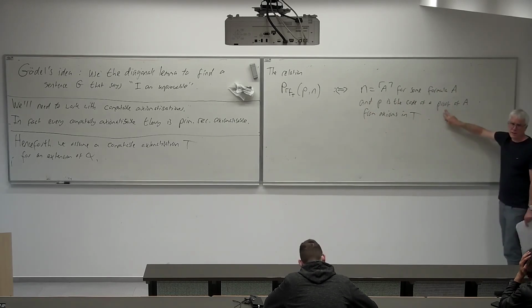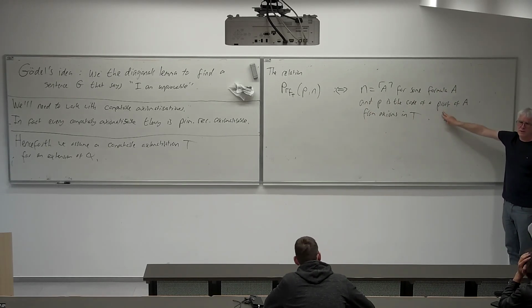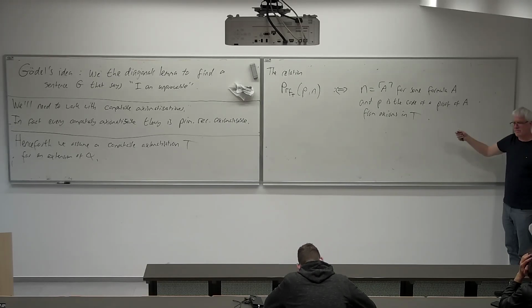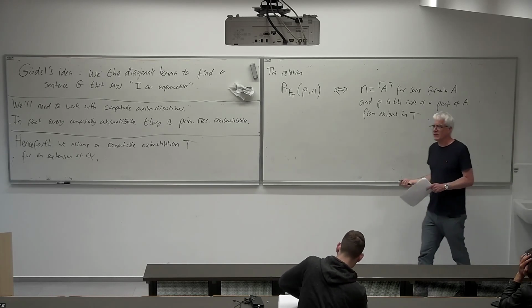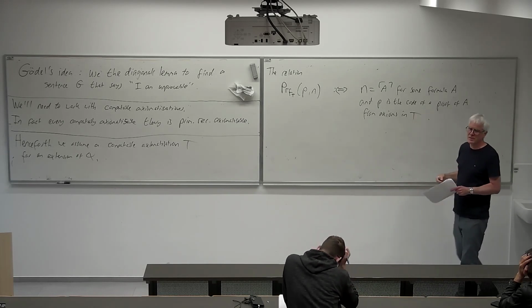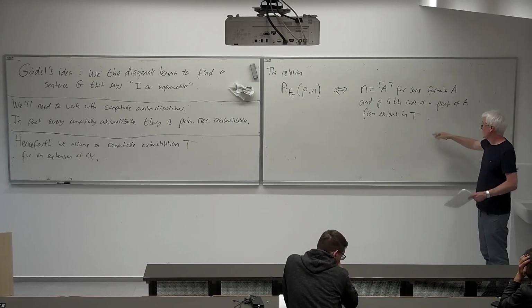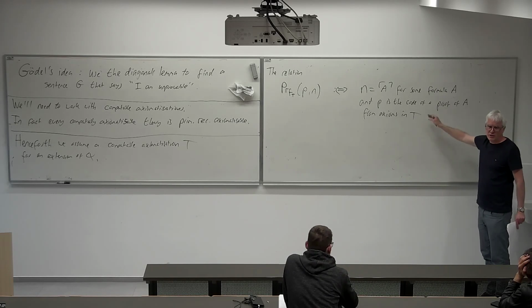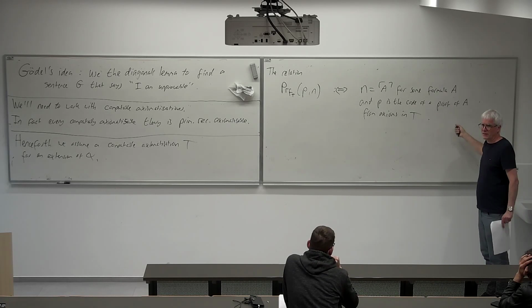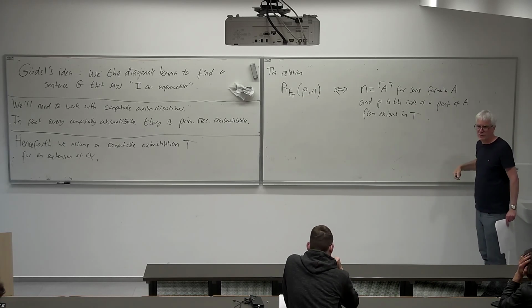I haven't said how we encode a proof, but a proof is just a sequence of formulas satisfying rules: each step is obtained either by using one of the axioms in T or one of the logical axioms from the Hilbert proof system, or by deriving the formula from previous formulas using one of the inference rules.